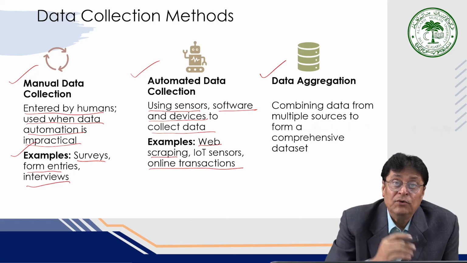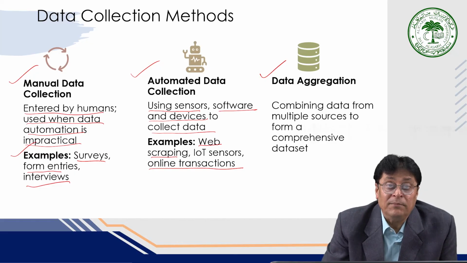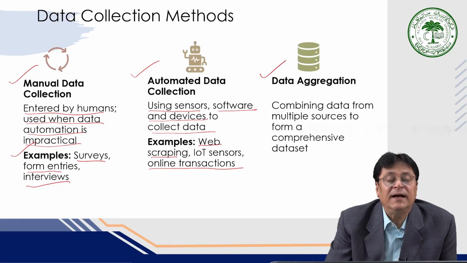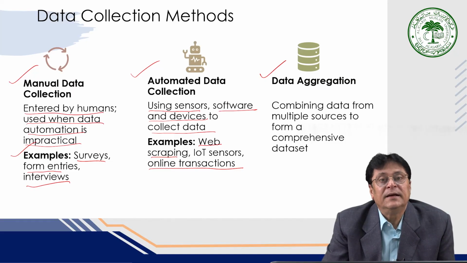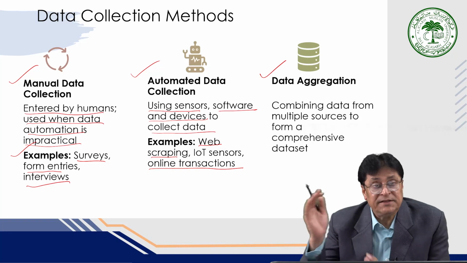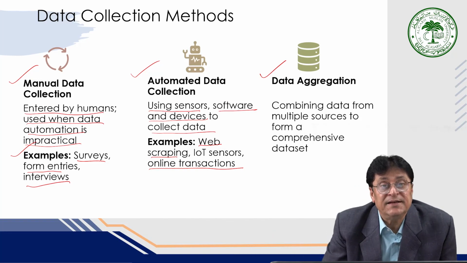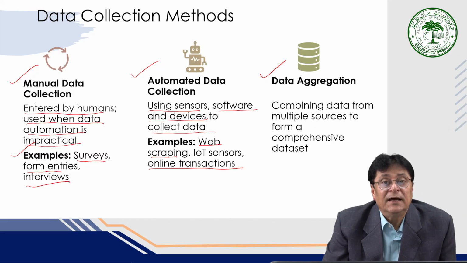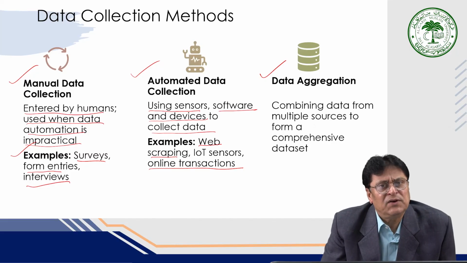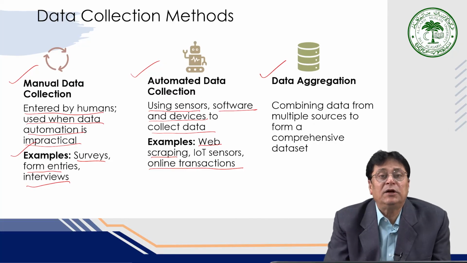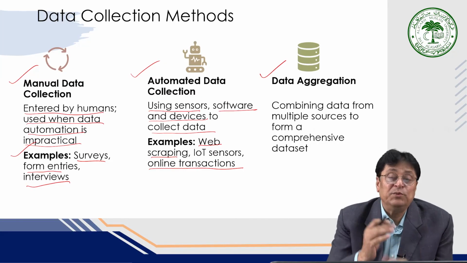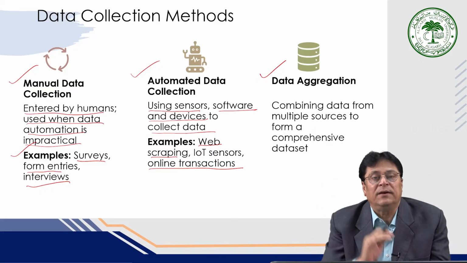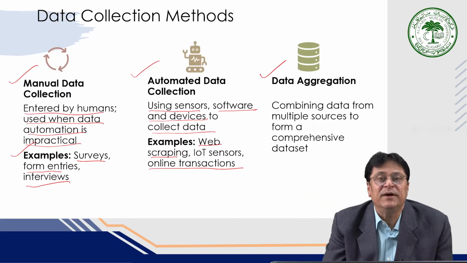When you fill an online form, all the data collected using automated systems is stored at a central place and utilized. Likewise, our mobile phones. When it is on and the network is on, various applications are running behind and collecting a lot of automated data, which is being passed on to various servers.